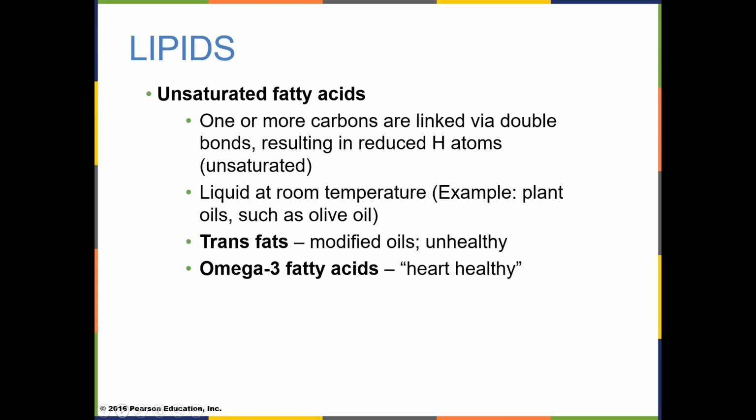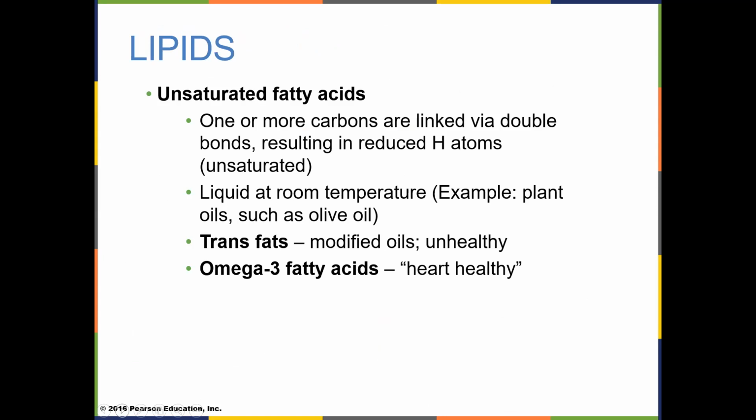Now, an unsaturated fatty acid is considered a fairly healthy food group. In an unsaturated fatty acid, you have double bonds holding the carbons together. You've lost a couple of hydrogens here, so you're missing a few hydrogens.